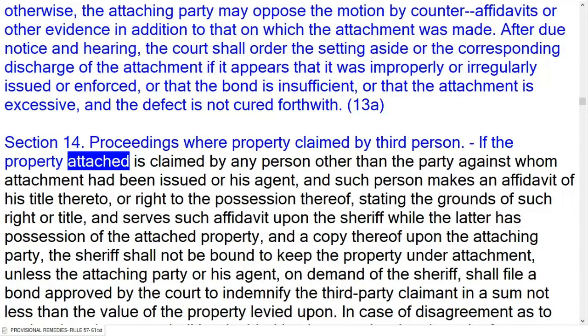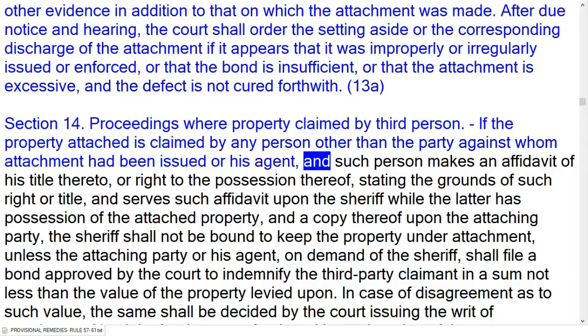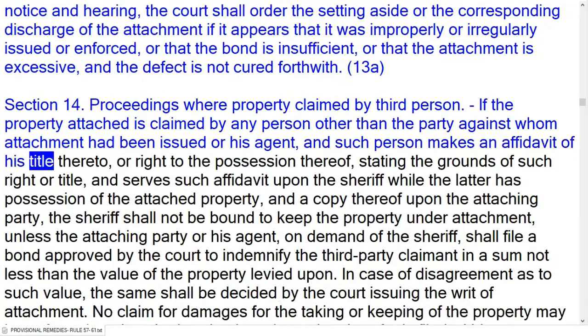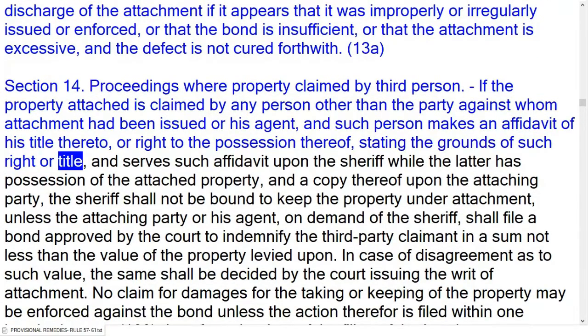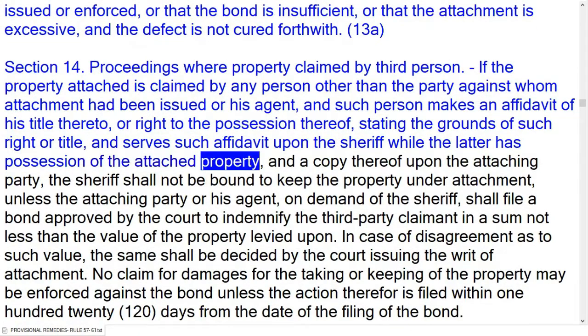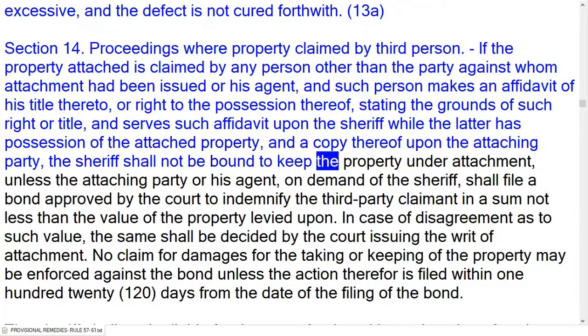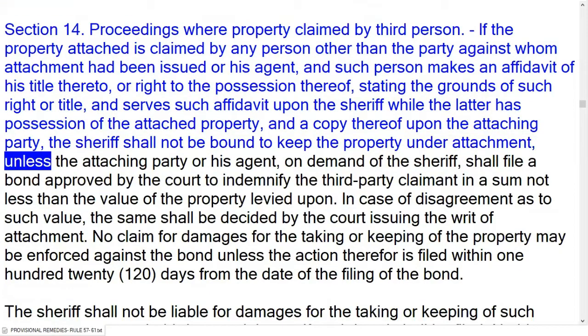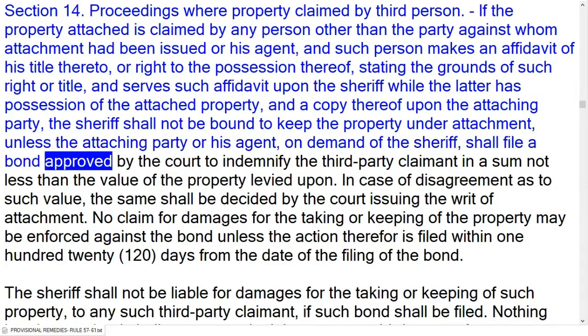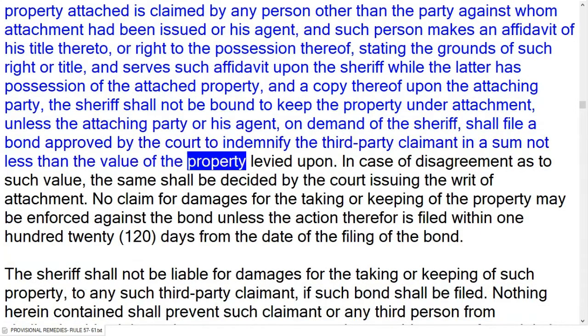If the property attached is claimed by any person other than the party against whom attachment had been issued or his agent, and such person makes an affidavit of his title thereto, or right to the possession thereof, stating the grounds of such right or title, and serves such affidavit upon the sheriff while the latter has possession of the attached property, and a copy thereof upon the attaching party, the sheriff shall not be bound to keep the property under attachment, unless the attaching party or his agent, on demand of the sheriff, shall file a bond approved by the court to indemnify the third-party claimant in a sum not less than the value of the property levied upon.